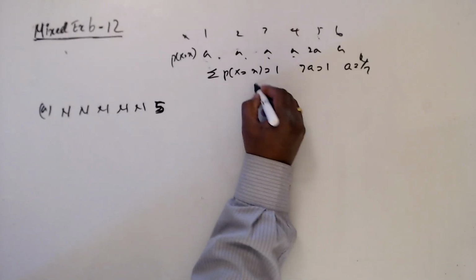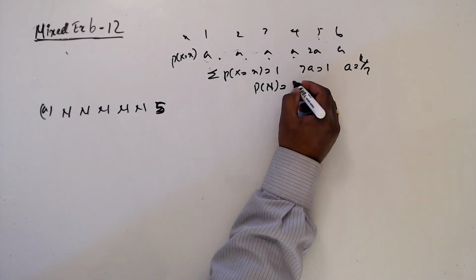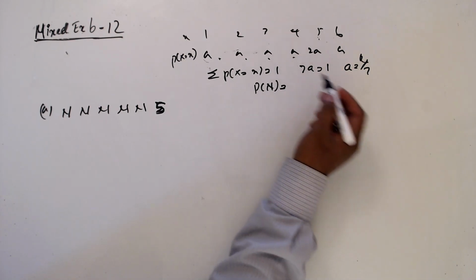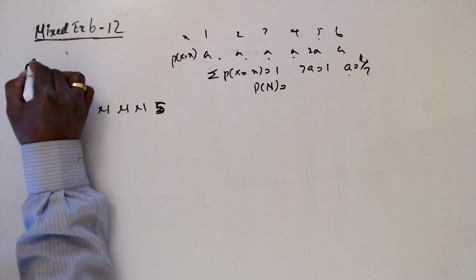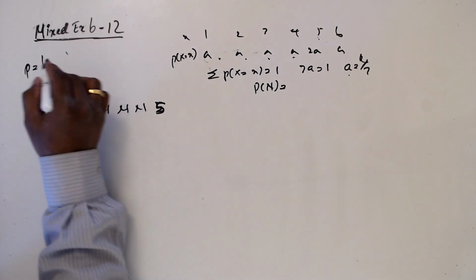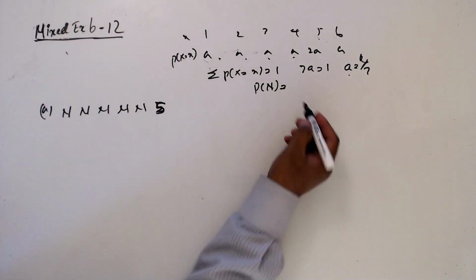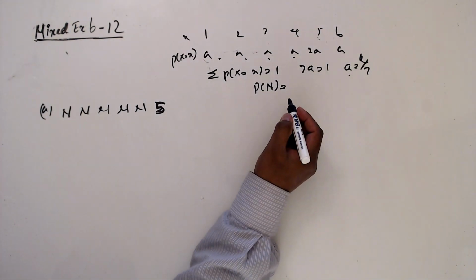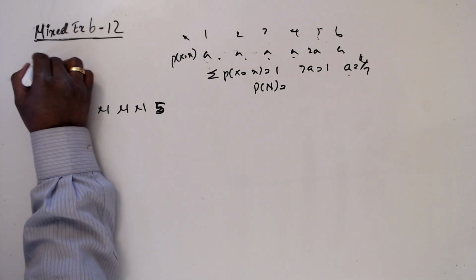So getting probability of other numbers is 1 over 6. So this is, let's say, P. Probability defined for the binomial.